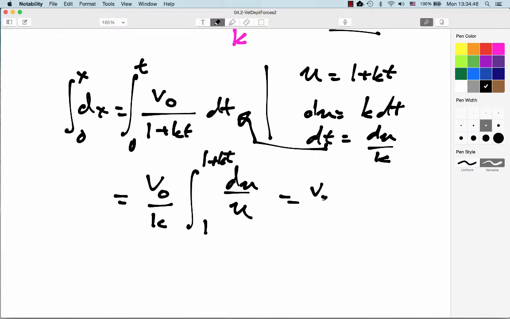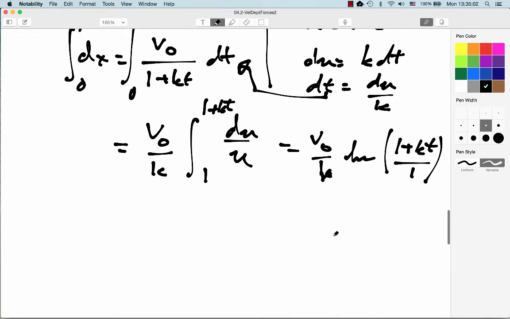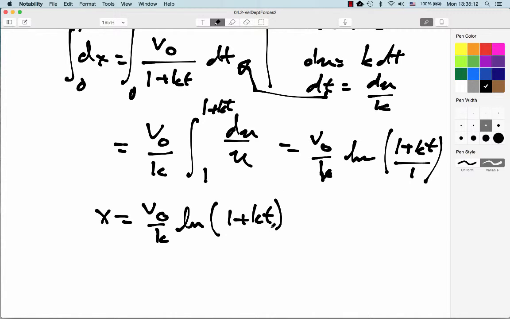So this will equal v naught over k times the natural log of 1 plus kt over 1. Okay. So we get a final answer of x equals v naught over k times the natural log of 1 plus kt.